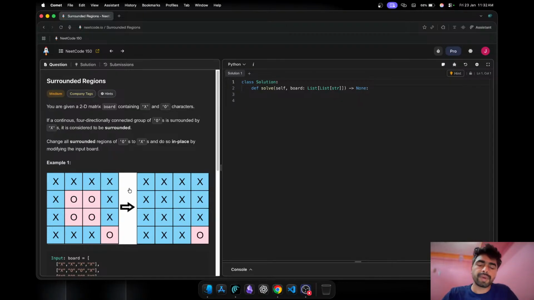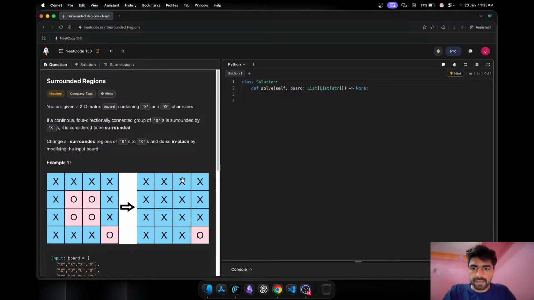So my approach for this is, I can do both BFS and DFS traversal on this grid, and I think both work equally for this problem statement, but I will go with the DFS approach.